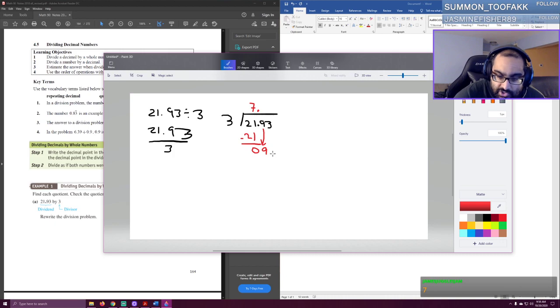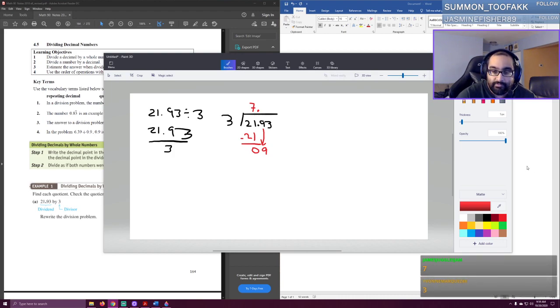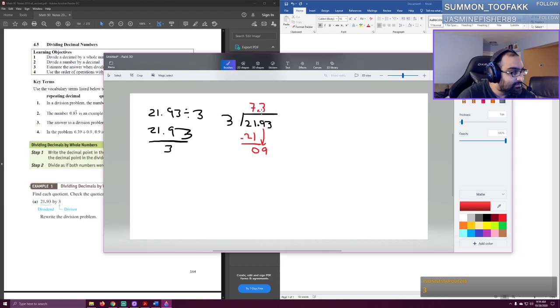Now we just rinse and repeat. 3 goes into 9 how many times? 3, that's correct. Good. So 3 times 3 is 9. Subtract, and we get 0.